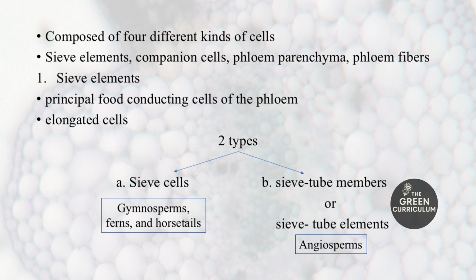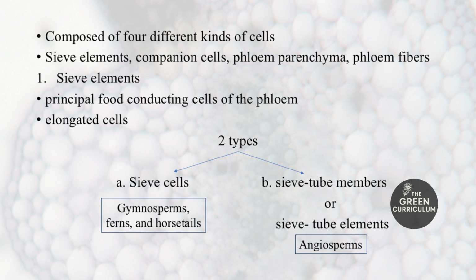in the phloem tissue. They are elongated cells, and the wall has a group of pores which is known as sieve area. The sieve resembles the sieve, the utensil which we use in the kitchen, hence the name sieve cell and sieve tube member.